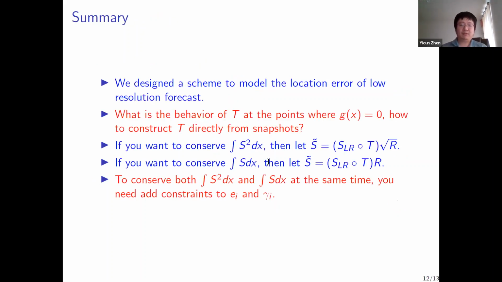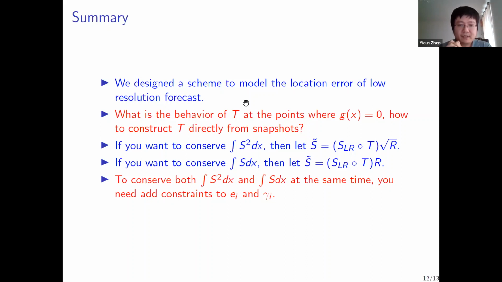So, summary. What did we do? We designed a scheme to model the location error of low resolution forecasts. Basically, we want to build this model so that when we forecast using ensemble or particle filters, we have a better representation of the uncertainty. Here we consider the uncertainty to be the location uncertainty, so we use optimal transport to represent the location error.